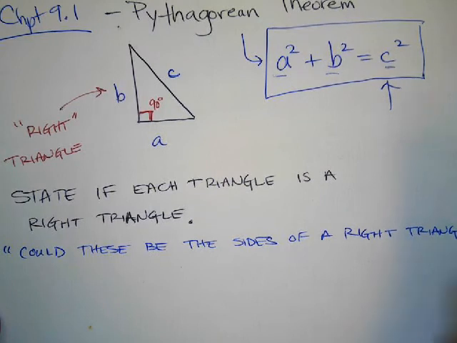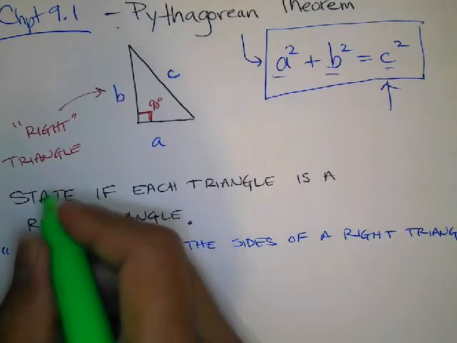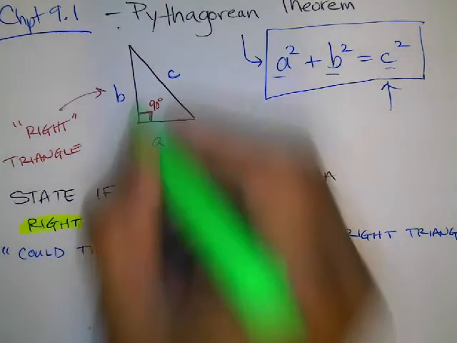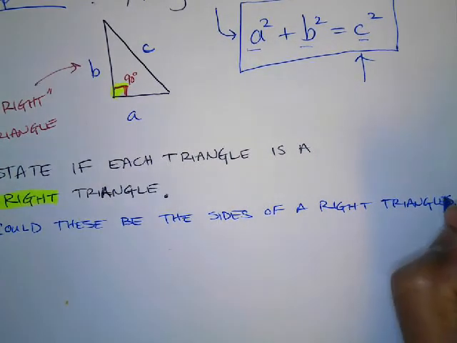So you don't have to find any sides. They're going to be given to you, okay? But what's the key thing? That it's a right triangle. Remember, when it's right, it has to have a 90 degree angle. Could these be the sides of a right triangle? Just triangle, not triangles.